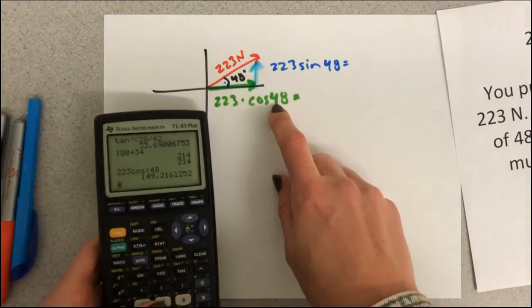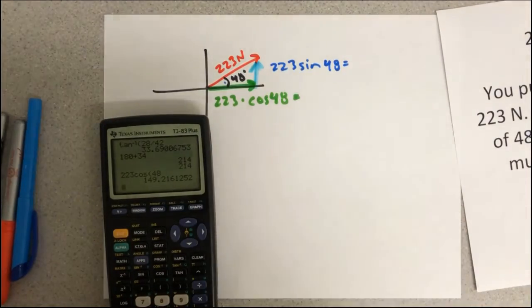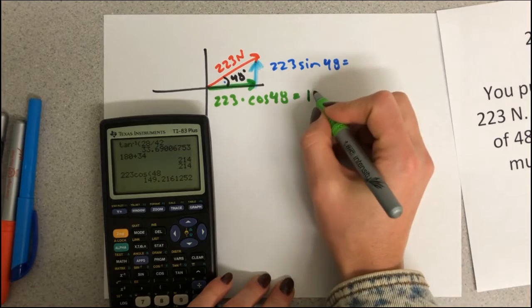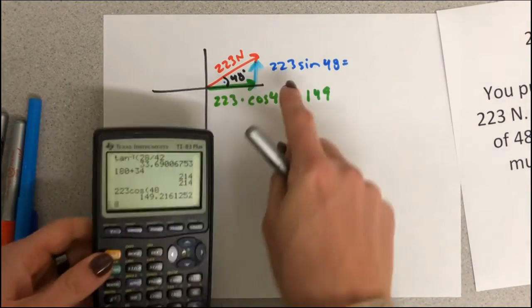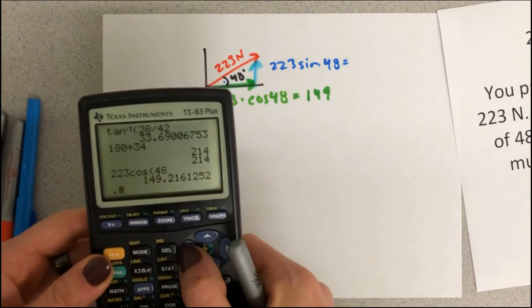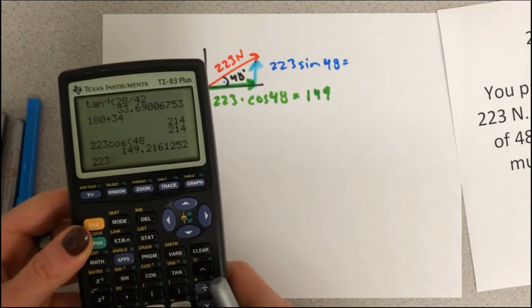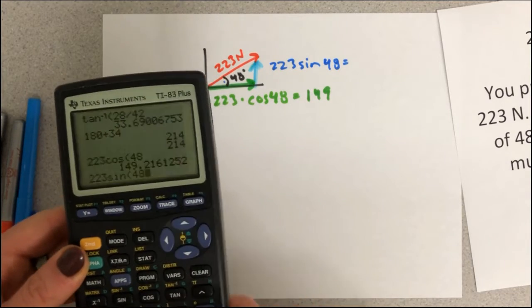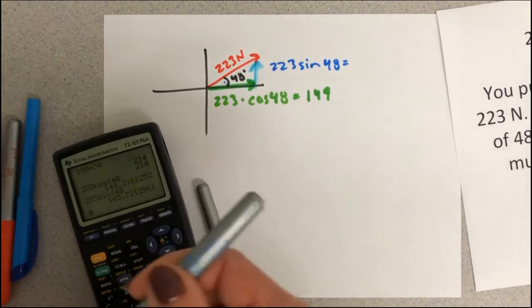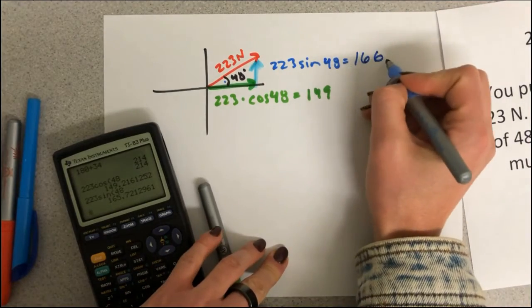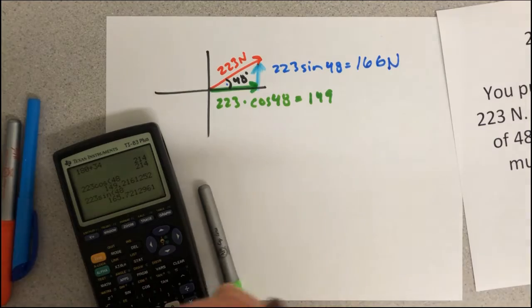Okay, so this one's going to be, we'll call it 149. And then this one's going to be 223 times the sine of 48, which is 166, we'll call it. And those numbers make sense. Newtons.